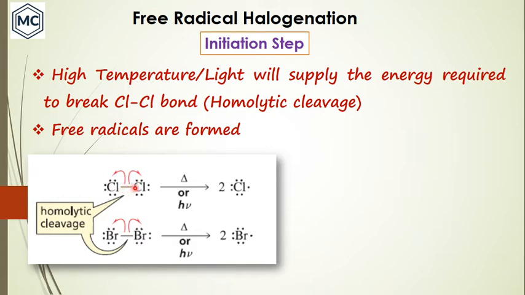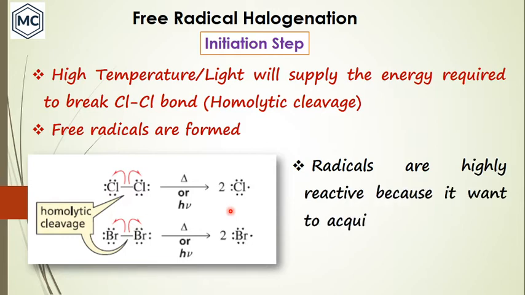So the sigma bonded electrons break and one goes to each chlorine atom, and each chlorine atom contains 7 electrons. And if it is bromine, bromine is also having 7 electrons. And these free radicals are highly reactive because each wants to acquire 1 electron to complete its octet.